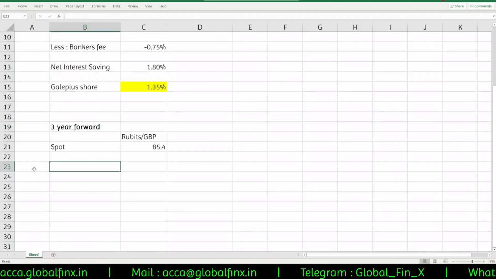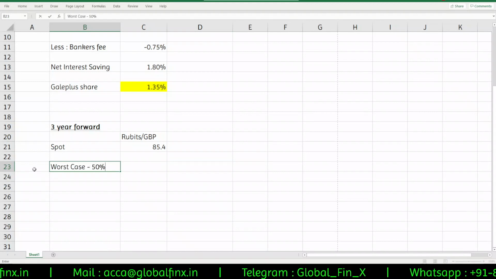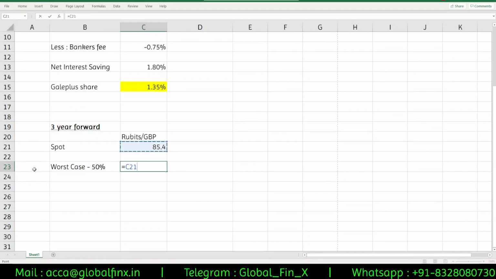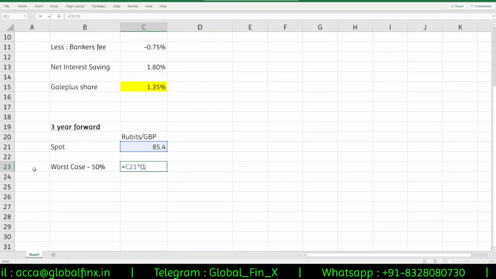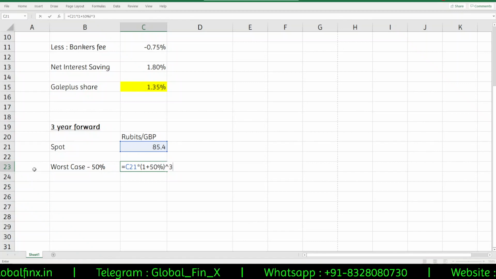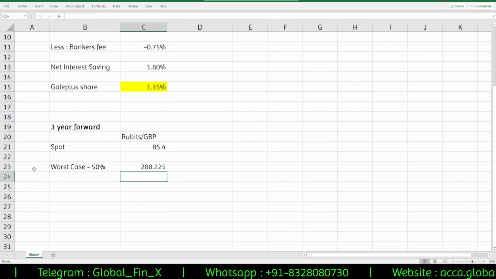If I go with the worst case, that is 50% inflation, what will be the exchange rate, guys? That is very simple: 85.4 into 1 plus 50% raised to the power of 3 years. That is the 3-year forward rate in the worst case of 50% inflation.